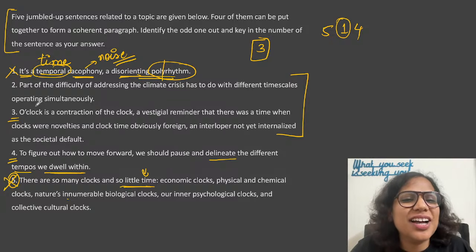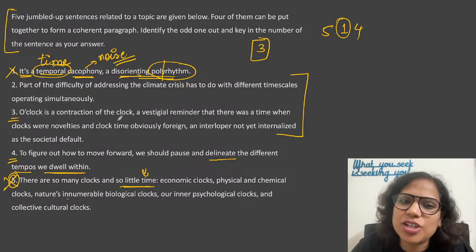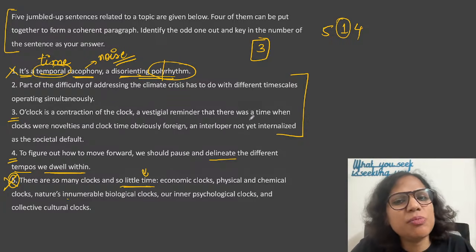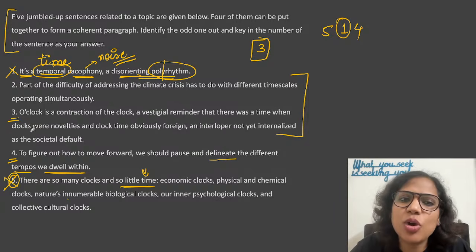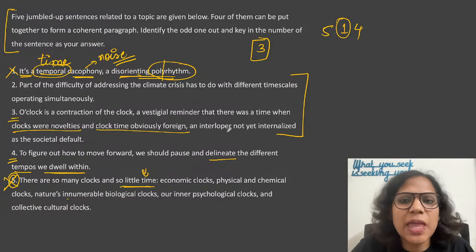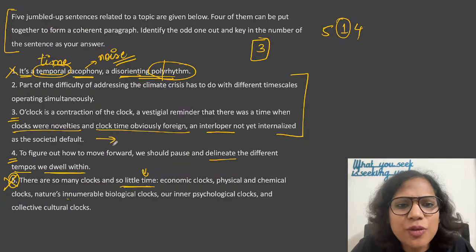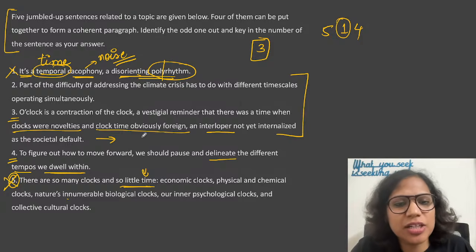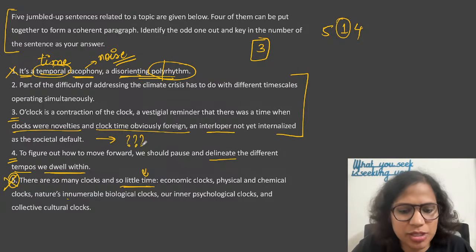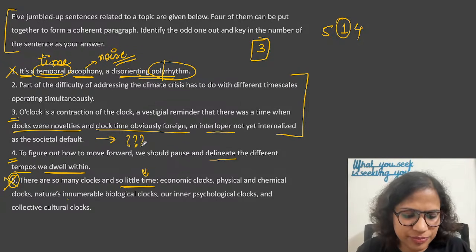Now, o'clock is a contraction of of the clock, a vestigial reminder that there was a time when clocks were novelties and clock time obviously foreign, an interloper not yet internalized as the societal default. After this, in the rest of the paragraph, am I talking about how today we have internalized it, how today it has become a societal default? Has this been said anywhere in any sentence?